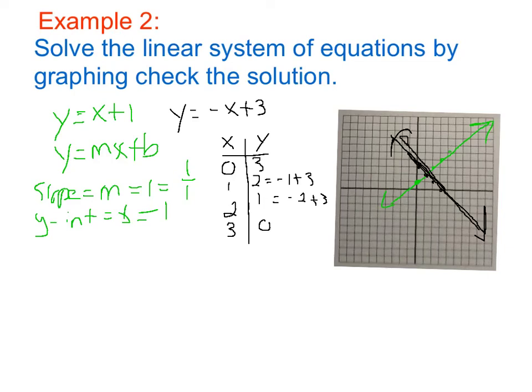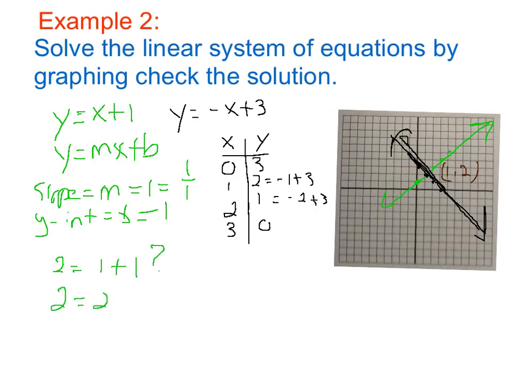Okay, and then look for where it intersects. It looks like it intersects at the coordinate (1, 2). So just to double check it, I'm going to plug it into each of the equations. If I look at the first one, and I plug in a 2 for y and a 1 for x, does that give me a true statement?